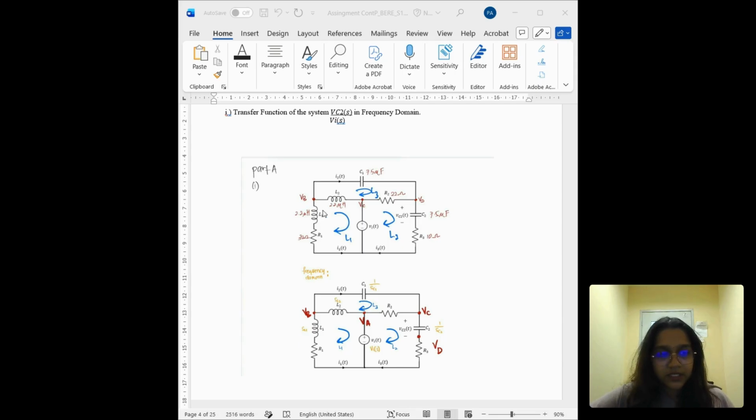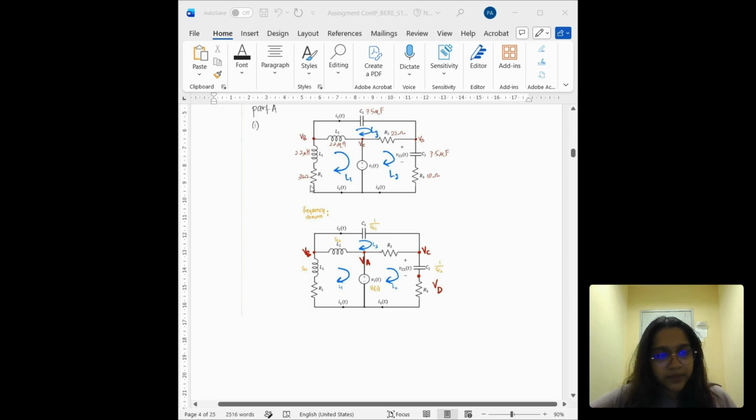As we can see, L1 equals L2, which is 2.2 microhenries, and C1 equals C2, which is 7.5 microfarads, and R1 equals 30 ohms, R2 equals 22 ohms, and R3 equals 10 ohms. And this is the first loop, second loop, and third loop.